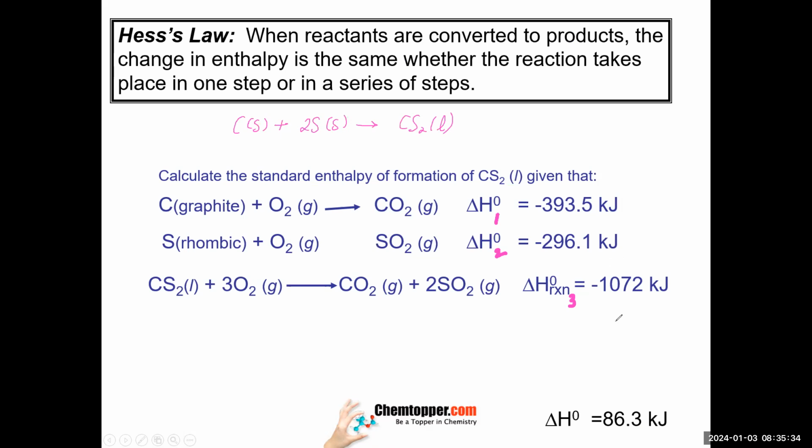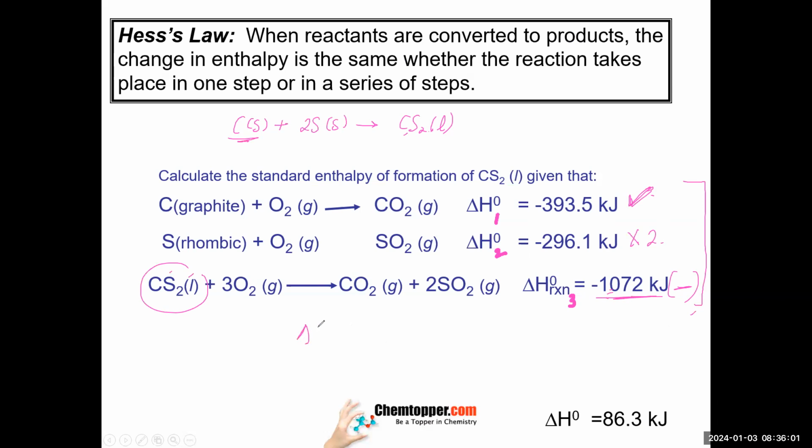Now you're using these three equations to get this equation. You took this equation as such because you need one carbon, but you multiply this one by 2, and you flip this one. You reverse this equation because you want this on the product side. These are the changes which you need to do.